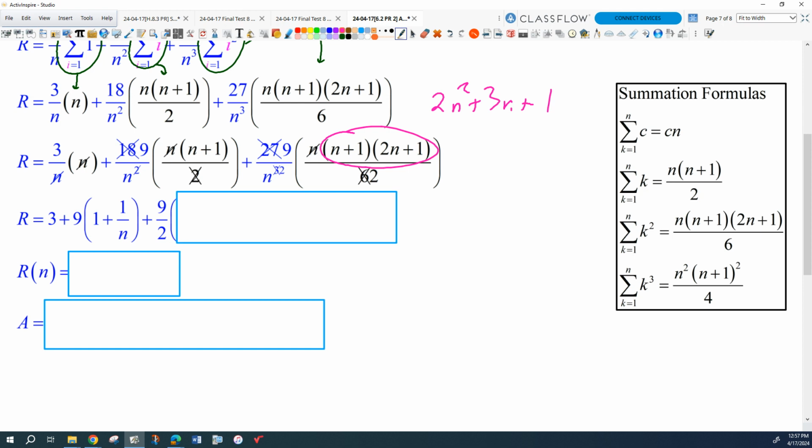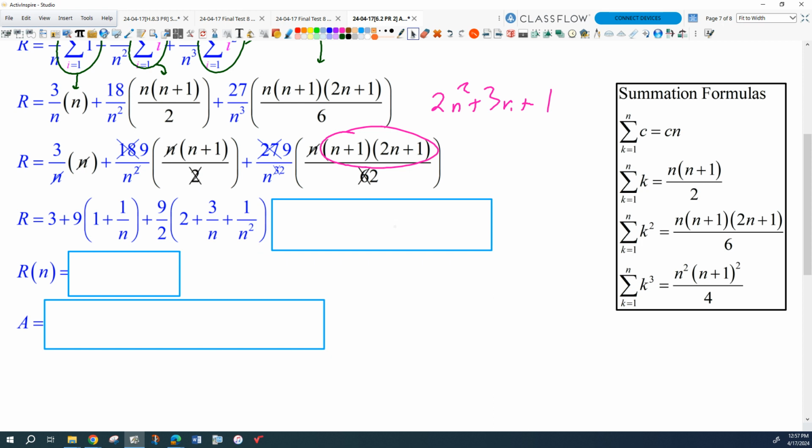Okay, divided by n squared is going to give us that, isn't it? Everybody agree? If I distribute that 1 over n squared to each of those three terms? Good? Everybody good? Okay.